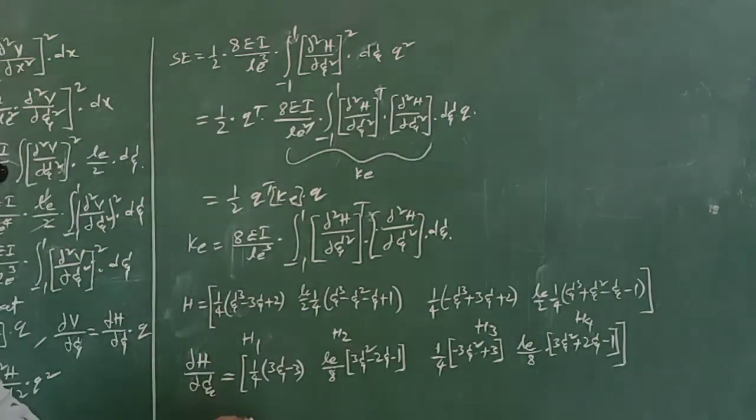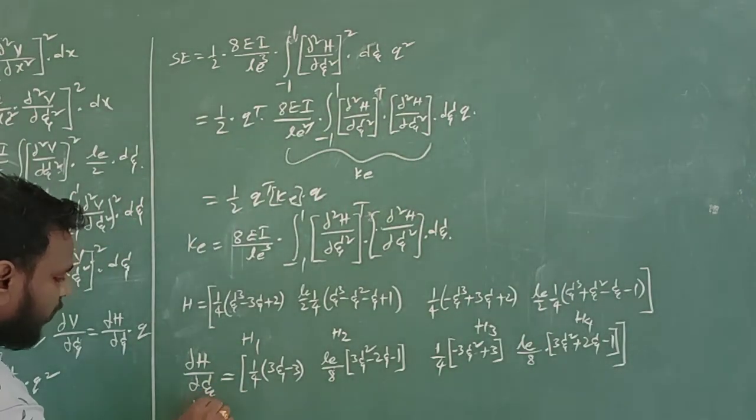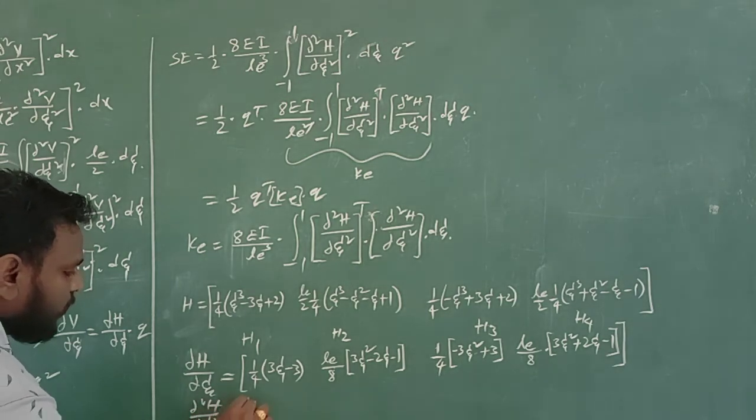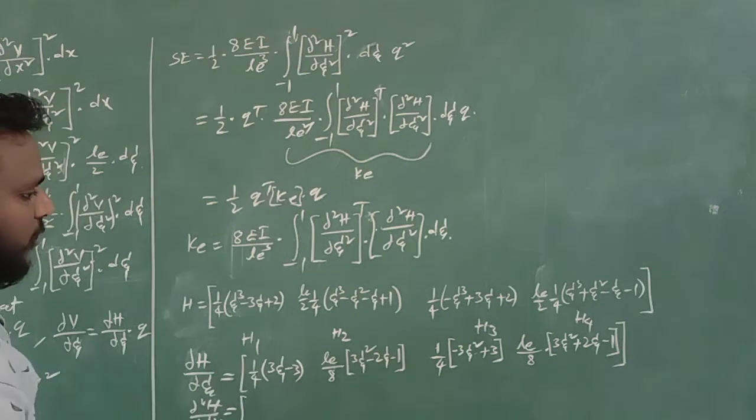Again differentiate this equation. Dou square H by dou j square is equal to the differentiation of all the matrix.